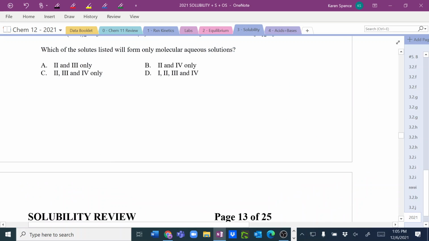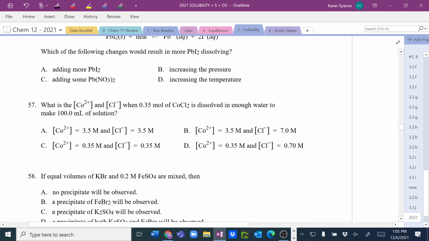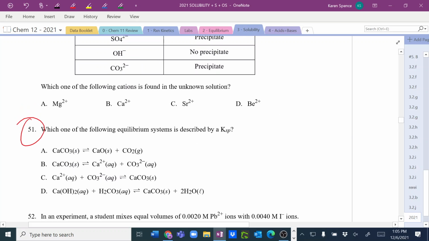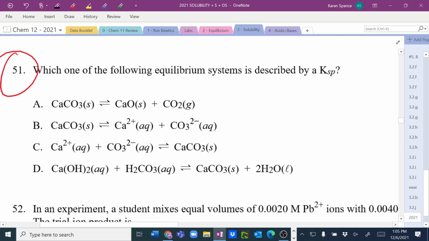Let's see what else we have here. Oh, 51. Which of the following equilibrium systems is described by a Ksp? Number 51.